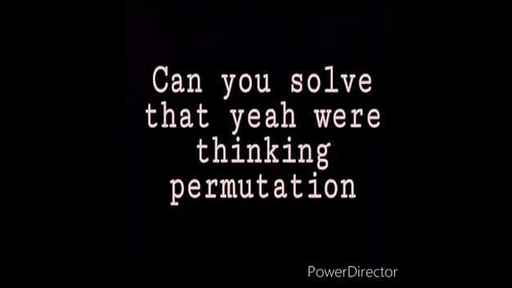Can you solve that? Yeah. We're thinking permutation. It's all about the problems. We need to find the answer. I just wanna make you learn for a brighter future. It's not about the cheating. It's all about the study.